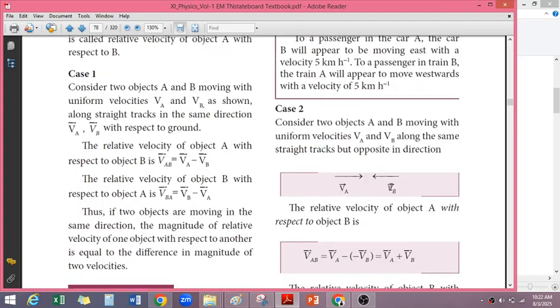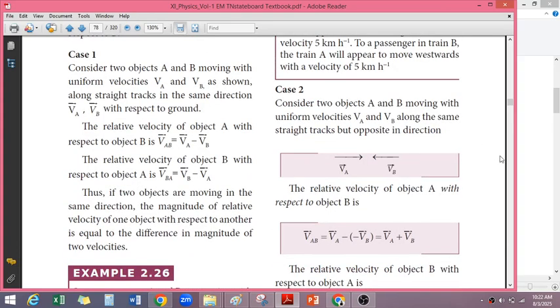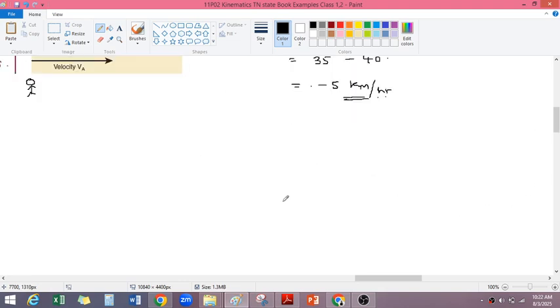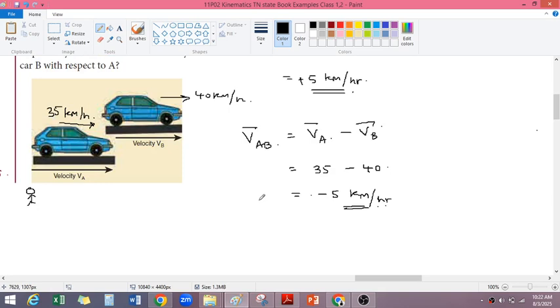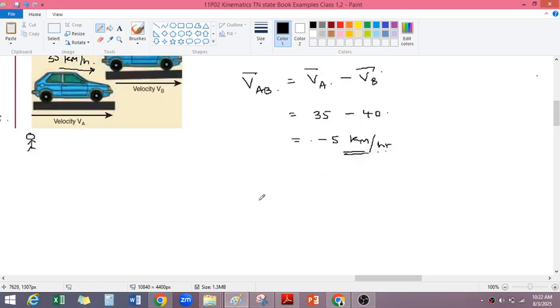Maybe I can explain that. They are not shown an example. So let's say this is going at 35 km per hour.